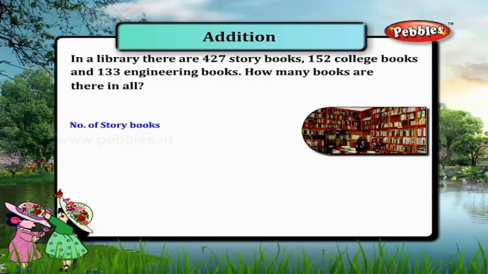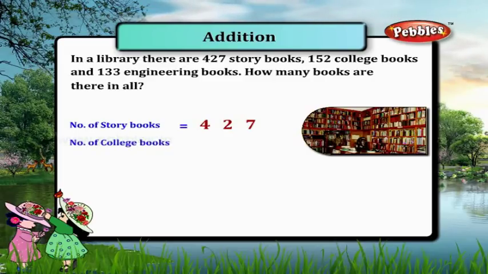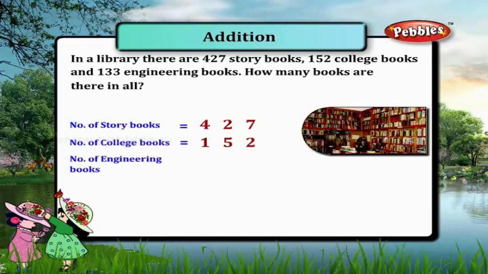Number of storybooks is equal to 427. Number of college books is equal to 152. Number of engineering books is equal to 133.